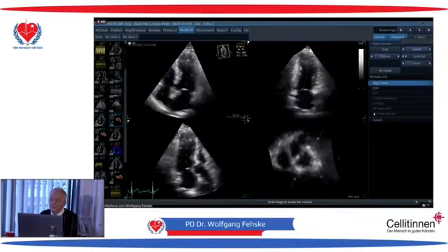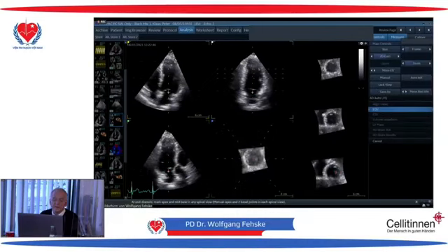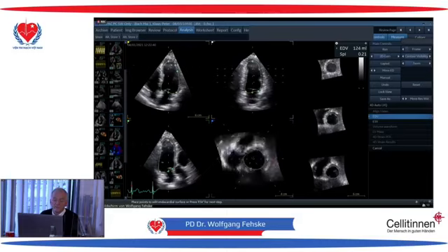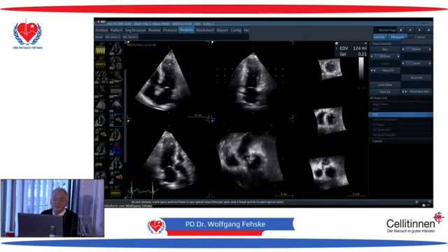And diastolic volume, I must go here and here. I adjust this a little bit. The rest is quite okay. And then go to systole, again the same.